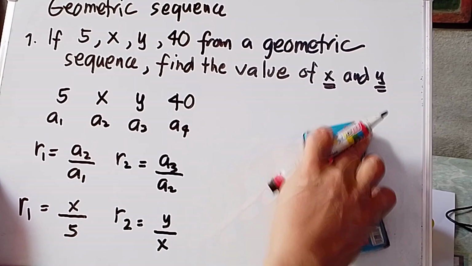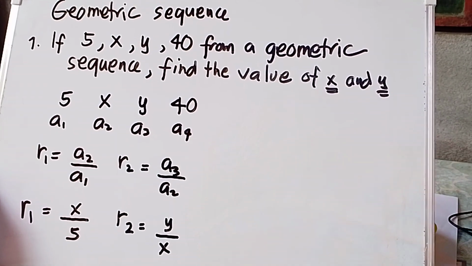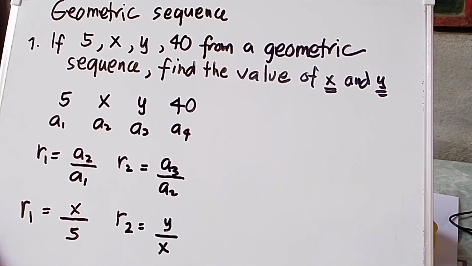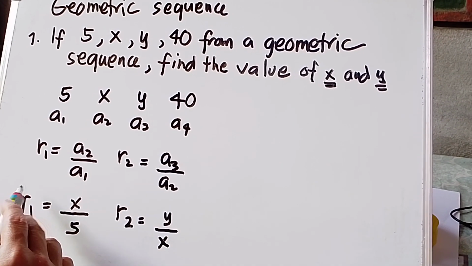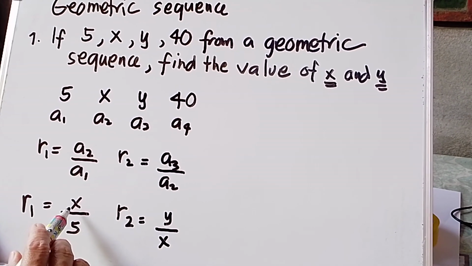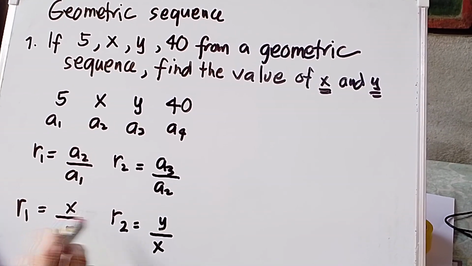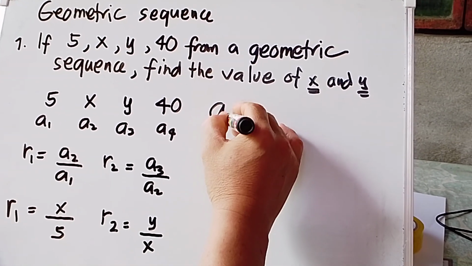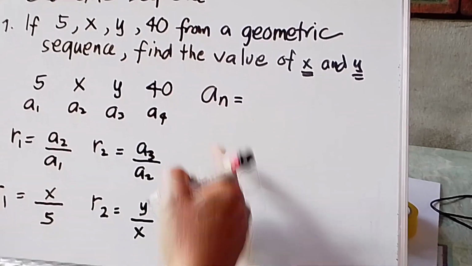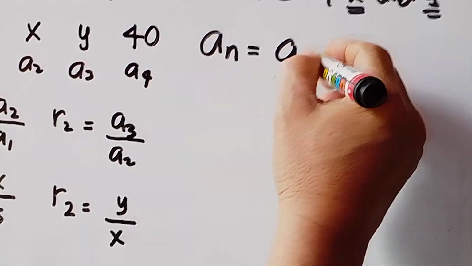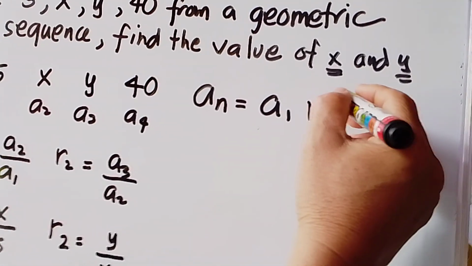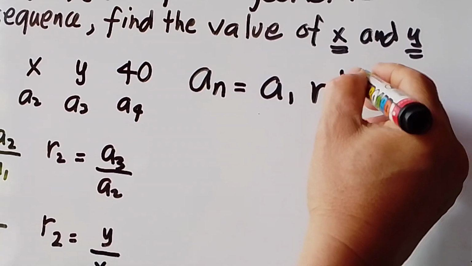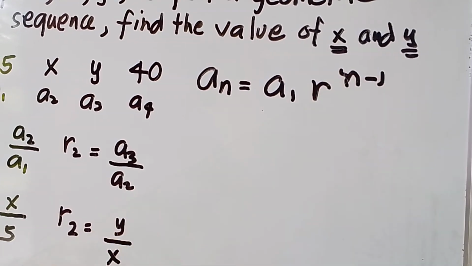Our purpose here is to solve the value of x and y. But we don't have the ratio. We have two unknowns, x and y. So we'll use the general formula a sub n is equal to a sub 1 r raised to the power of n minus 1.